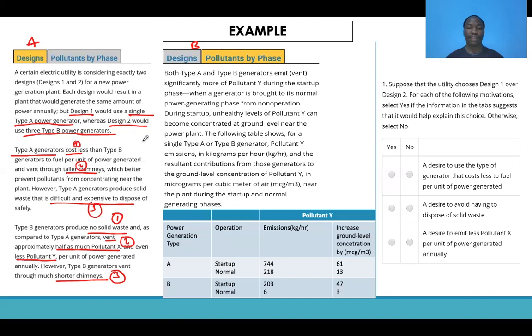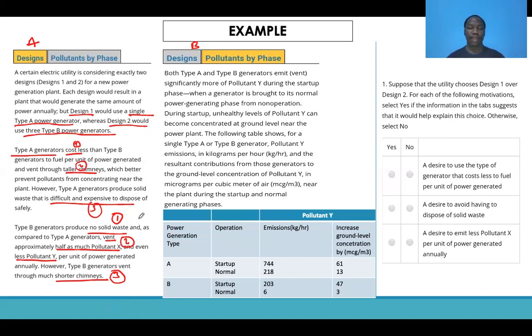The following table shows, for a single type A or type B generator, pollutant Y emissions in kilograms per hour and the resultant contributions to the ground level concentration of pollutant Y in micrograms per cubic meter of air near the plant during the startup and normal generating phases. All right. So we have our table here.